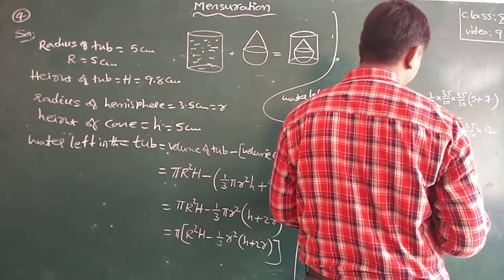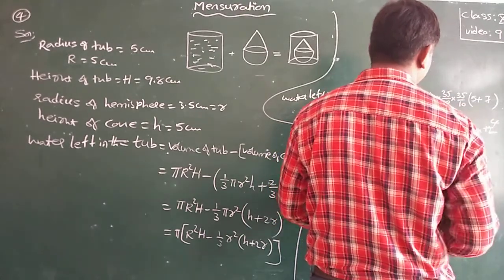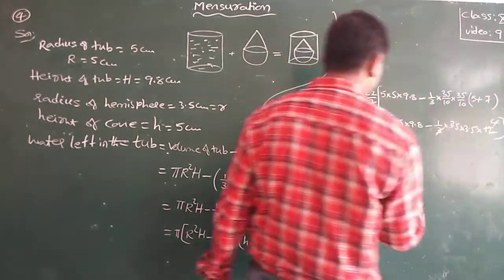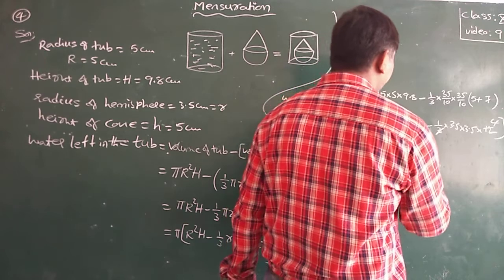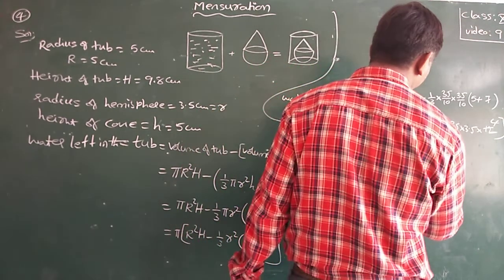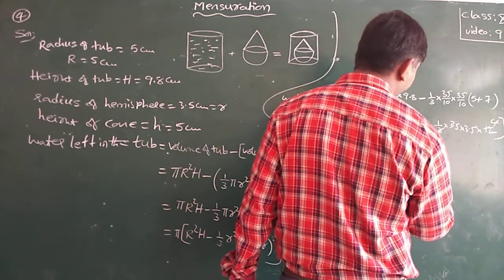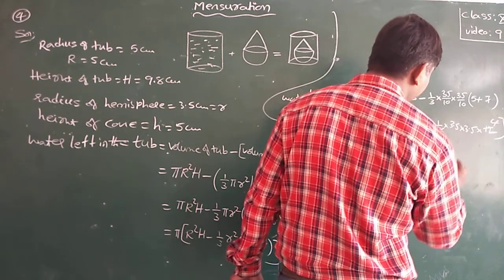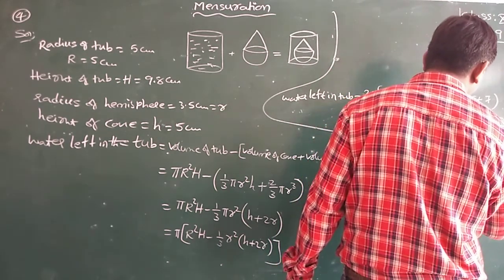So better to write this one as 3.5 only, because I am getting cancellation now. That is equal to 22/7 into 25 times 9.8: 25 times 8 is 200, 25 times 9 is 225, plus 20 is 245, and with one digit after the point, 245 minus 3.5 into 3.5, which is 12.25, into 4.